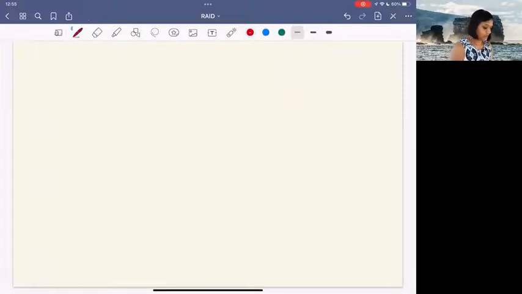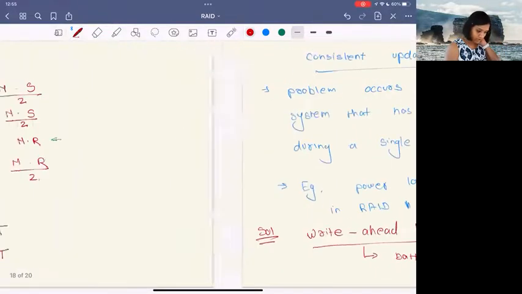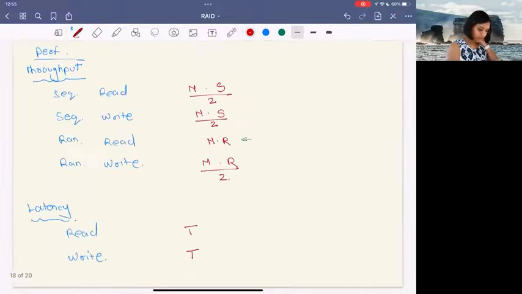Okay, so then let's discuss RAID 4. Before we move to the next RAID, I hope these performance metrics of RAID 1 are clear to you, because there is a caveat in how we understand writes versus reads. And also there is a caveat between how we understand sequential reads versus random reads.